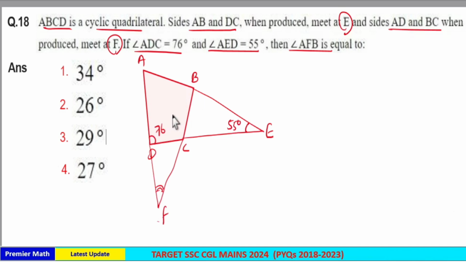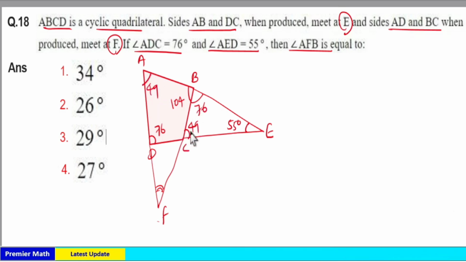Here for a cyclic quadrilateral, the sum of opposite angles is equal to 180. So angle ABC is 180 minus 76, which is 104. If this is 104, this angle is 180 minus 104, which is 76 degrees. 76 plus 55 is 131. So 180 minus 131 is 49, this angle. The sum of angles of a triangle is 180 degrees. If this is 49, this angle is also 49.